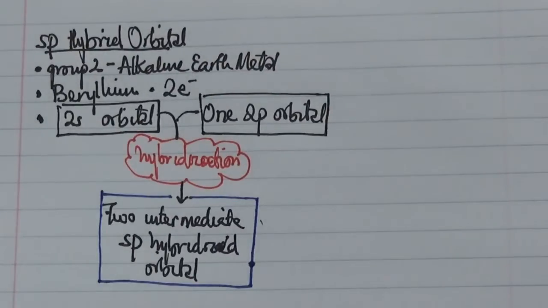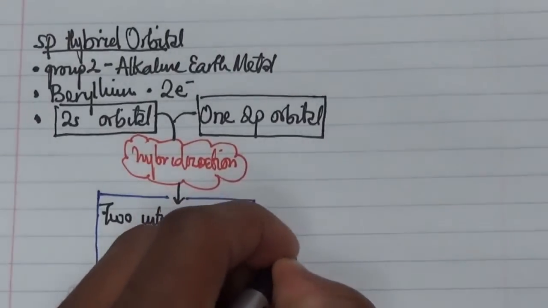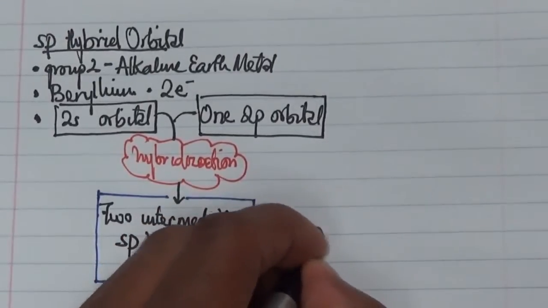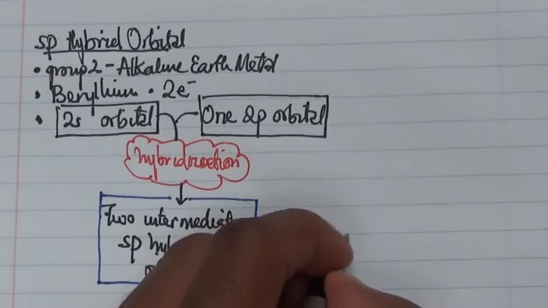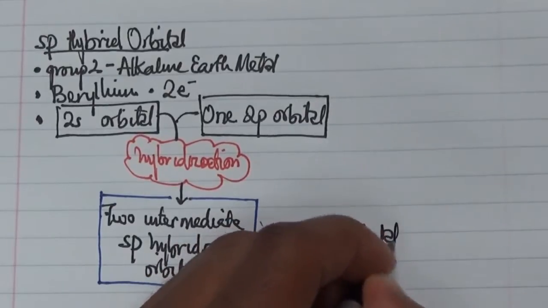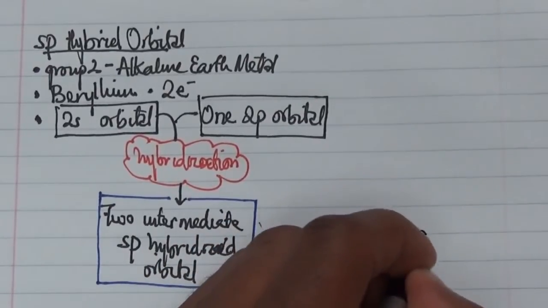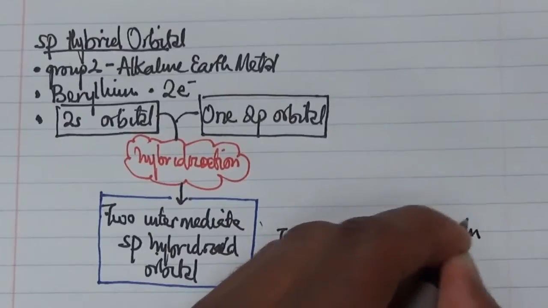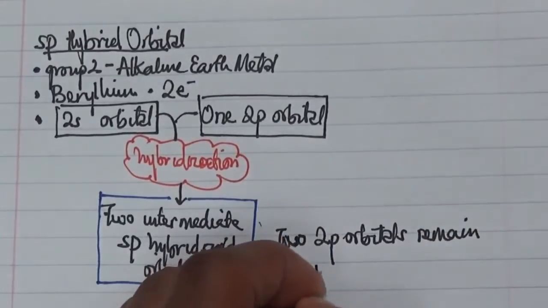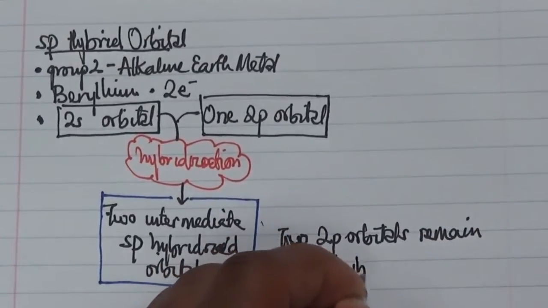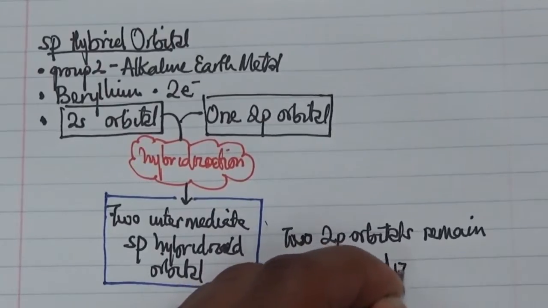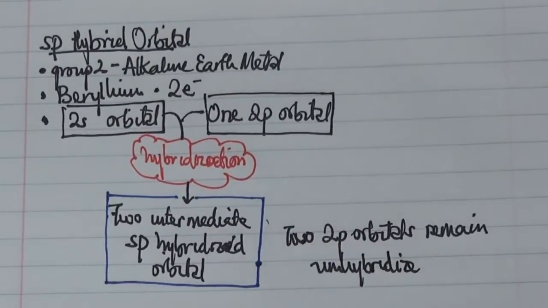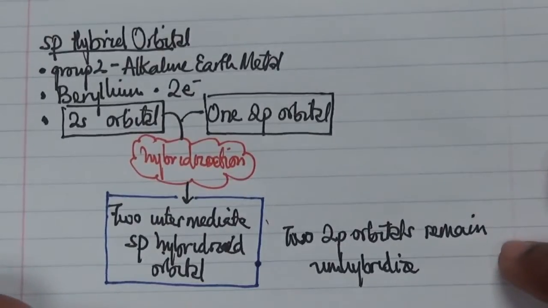However, we note that 2 of the 2p orbitals would remain unhybridized.